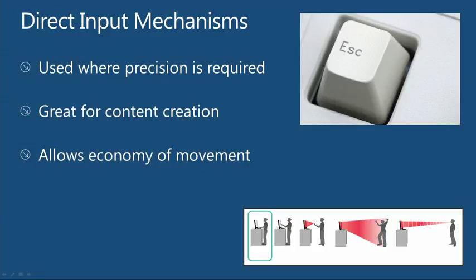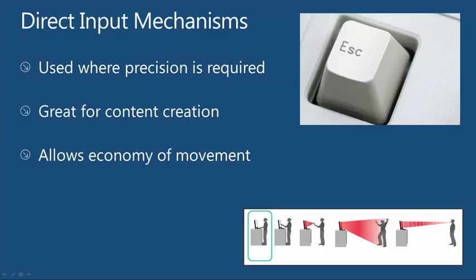So that brings us through to, of course, the good old direct input mechanisms. Now, these are always going to be around, I think. Well, they're going to be around for a long time till we can get something into our brains a little bit more directly. They're great for content creation. You can do a lot with a mouse, a keyboard, a stylus, and other direct input mechanisms.